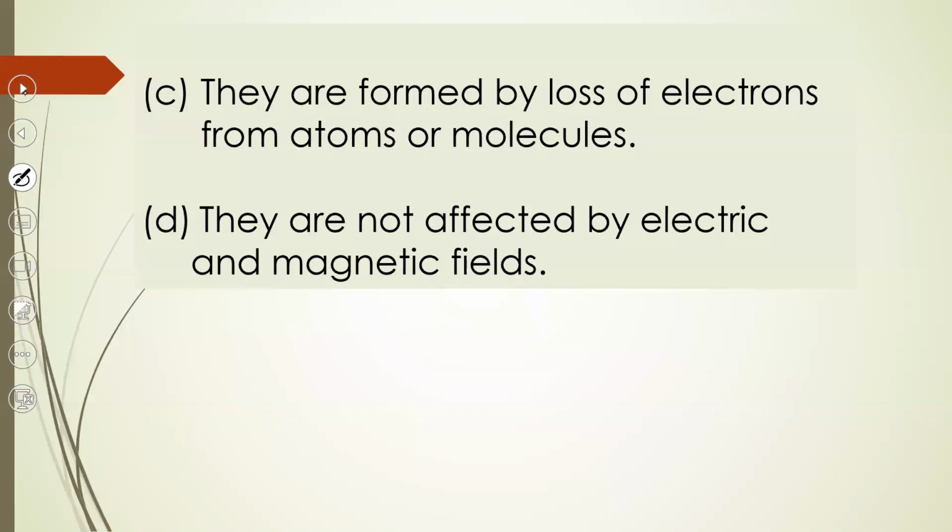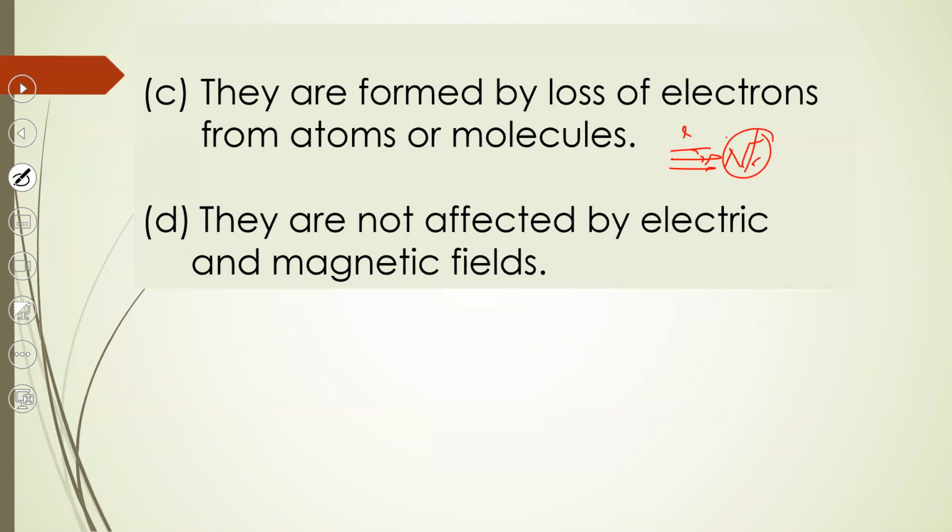They are formed by loss of electrons from the atoms or molecules. Yes, definitely, right? Because of this, the Na plus ion forms. Further, if it is struck by the electrons of the cathode ray due to high energy, it can excite it, right?